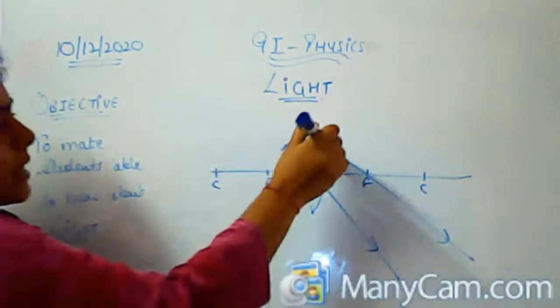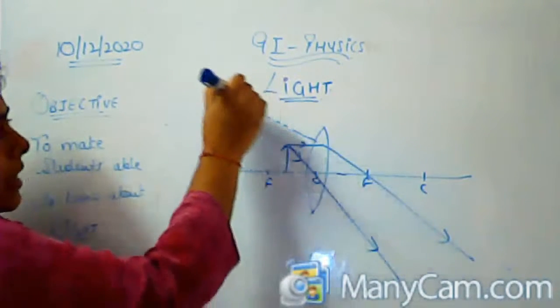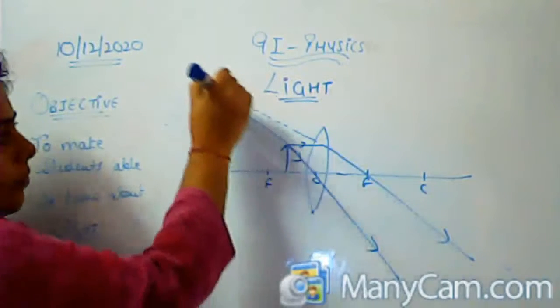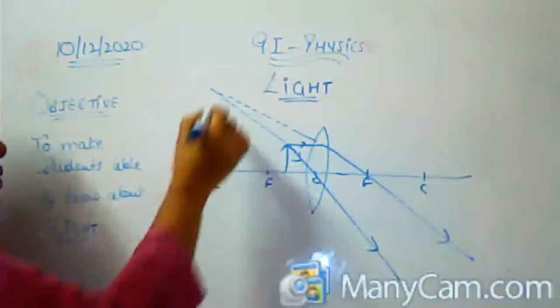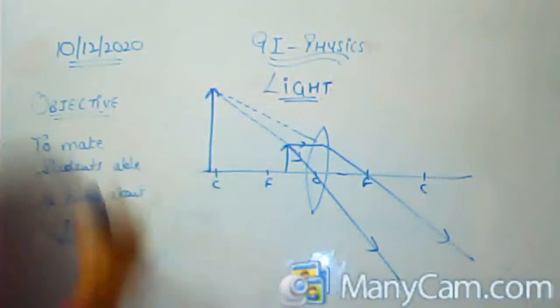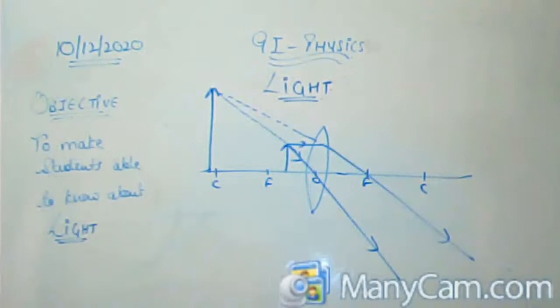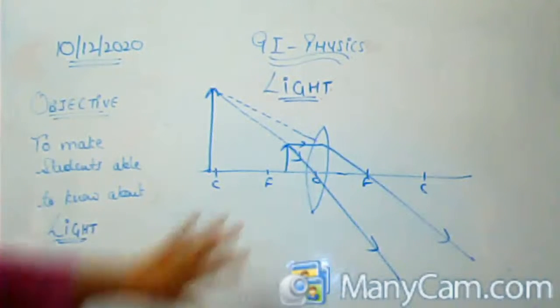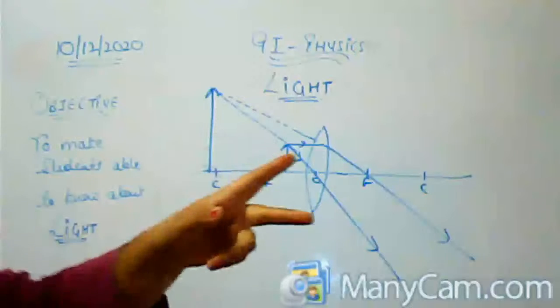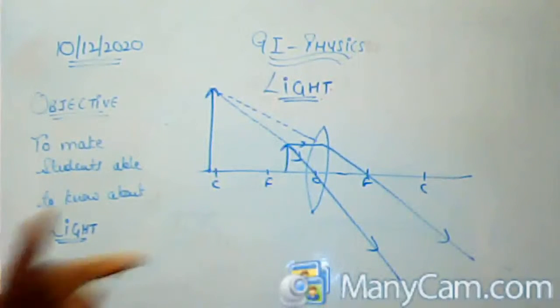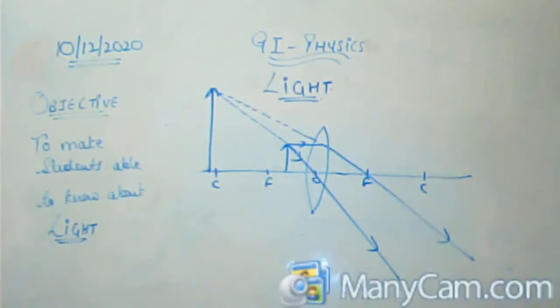So we are going to extend them in the backward direction like this. And wherever they are going to intersect, यहाँ पे आपकी हो जाएगी image formation. Fine. So this is the case in the concave mirror में भी हमने ये किया था, and similarly we have it in convex lens.